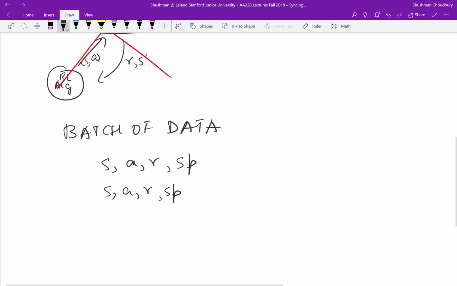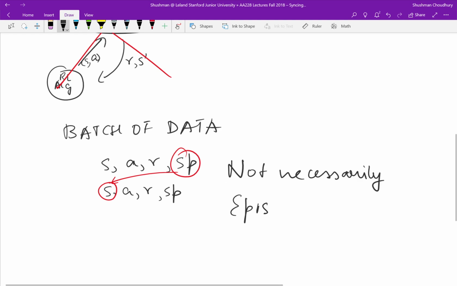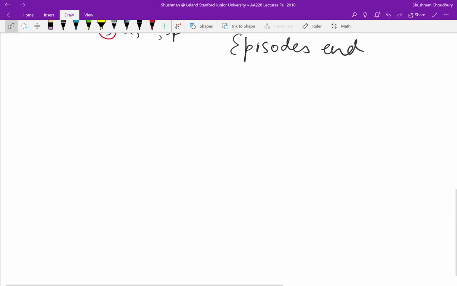And if you've looked at the structure, you'll typically see that this S prime is just this S, but not necessarily, especially when episodes end. When episodes end, the next S might be a new one. So that's just something to keep in mind. I will talk about it in a little bit, but it's a setting difference that you should keep in mind.